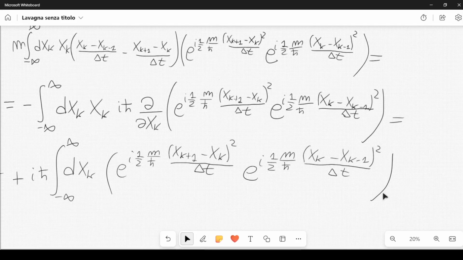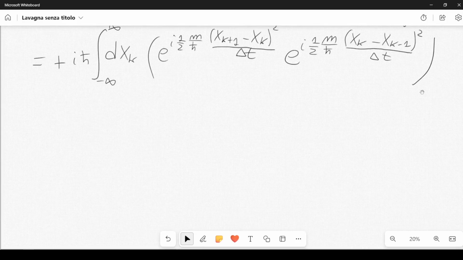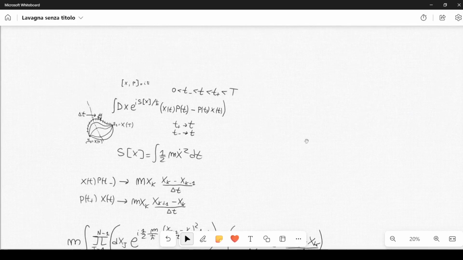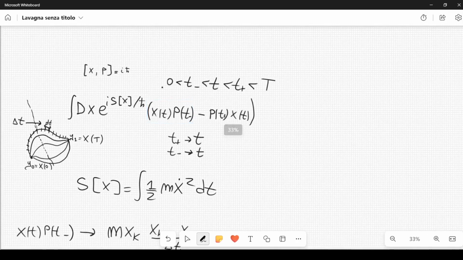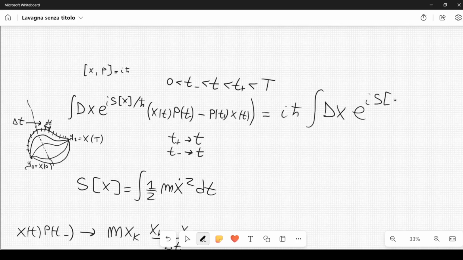And if we put these results together, what we get is the following. Maybe I can go back here, and we have found that this is equal to i times h bar times the integral dx e to the i S of x divided by h bar, like this.